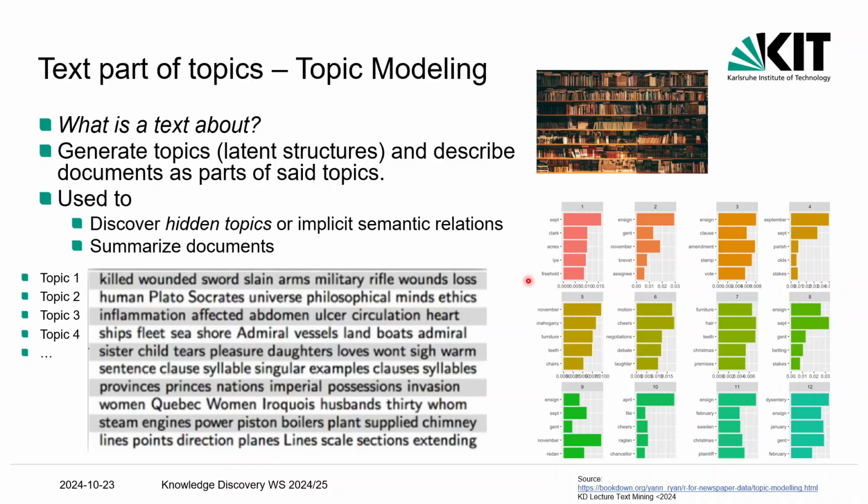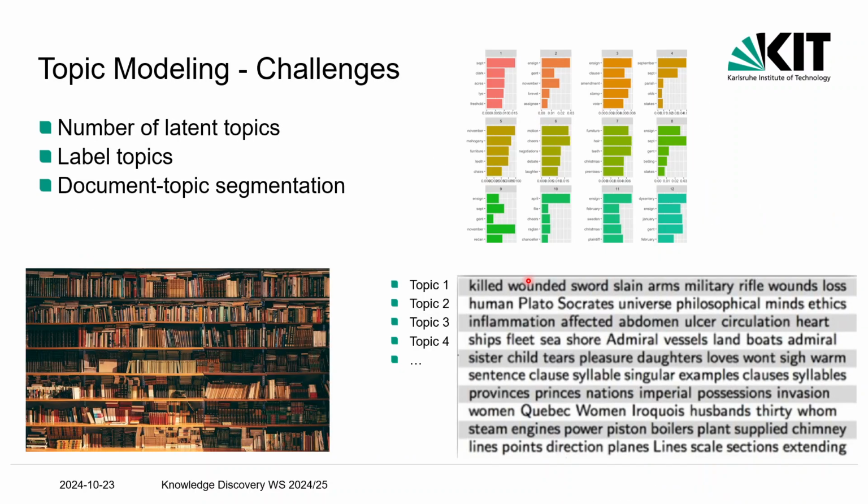Topic modeling is interesting, but there's a few variables that come into play there, which can pose a challenge. Namely, how many latent topics do you want to have? That's always debatable. Because technically you could create just one topic, which I guess you could label as the world or text, because then you'd have everything in it. Or you can do pretty much a new topic for each document.